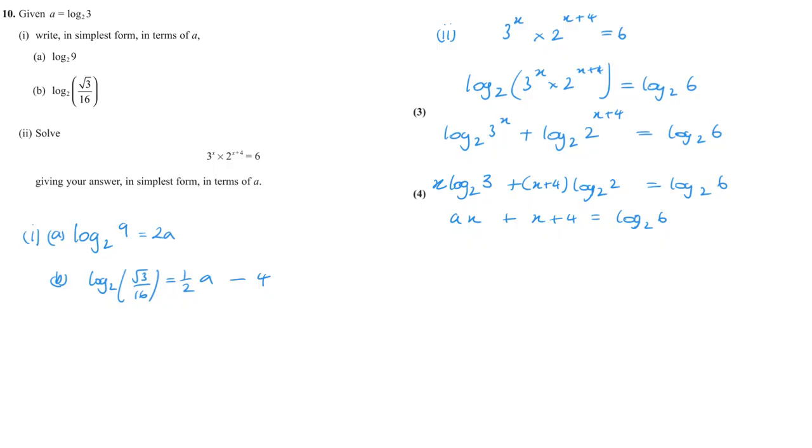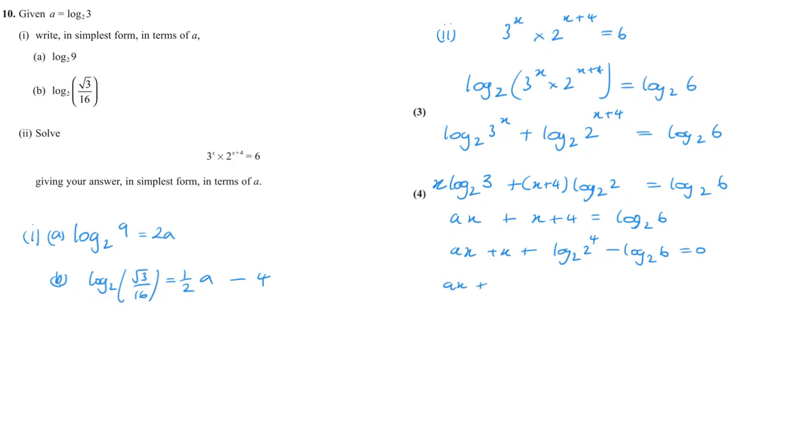I could really go back to this step, separate this out properly, but if I got to here, then what I really need to do, I've got ax plus x plus 4 log 2 of 2 minus log 2 of 6 equals 0. So really I could have done with this step from here and taken this over, because I need to sort this out first.